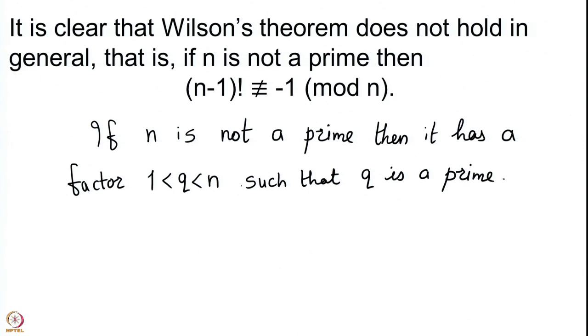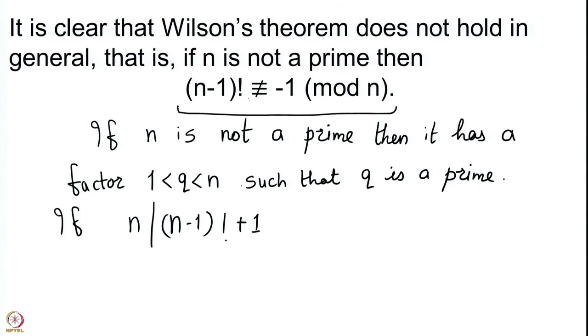Right. So, when you have this factor q, and if you have that n divides (n minus 1) factorial plus 1, which is to say that this equation holds instead of not holding, then q divides this because q divides n. But q is less than n, so q is less than or equal to n minus 1.